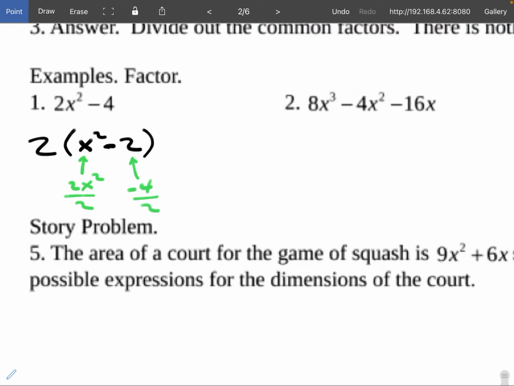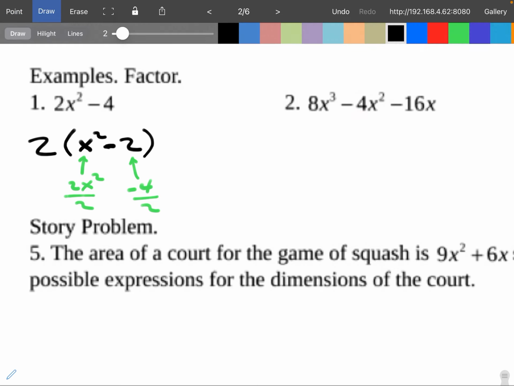Well, let's try the next one. What's the largest number that divides evenly into 8, 4, and 16? 4. That one's a 4, good. So you're right, 4. Is there an x in each term? Yes. What's the lowest power that it appears to? Squared? No, 1, right? First term right there. First power.